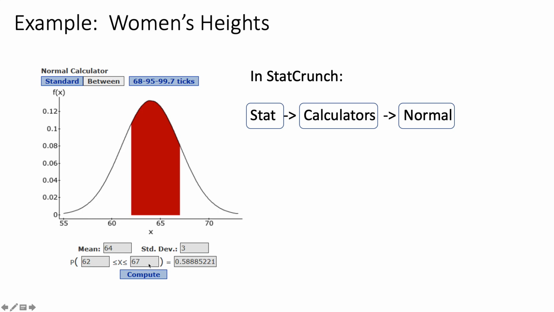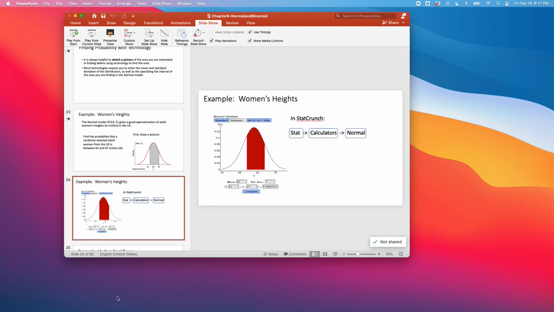And I'm going to select that I want a probability between two numbers. So I'll tell it between 62 and 67. And then I'll hit compute here and that'll spit out 0.588852221. Let me show you that actually in StatCrunch. So I'm going to escape here and pull over my StatCrunch window.